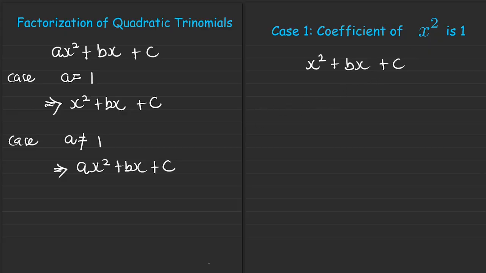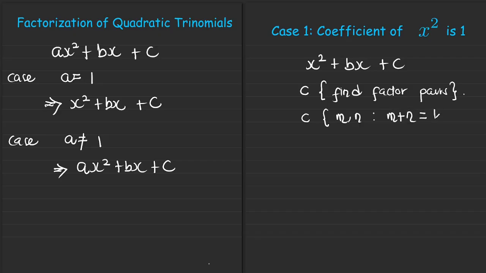You take c and find factor pairs of c. Now, these factor pairs should be such that if you take the factor pairs of c to be m and n, this m, when added to n, should give you b.